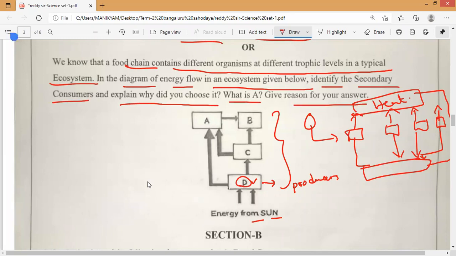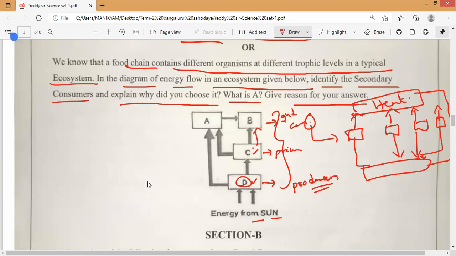So now we have to identify the secondary consumers here. If you see, D is getting energy directly from the sun, so we can say it is the producer. Next, D is only eaten by C, so C is the primary consumer. Now C is only eaten by B, so that is why B is called the secondary consumer.